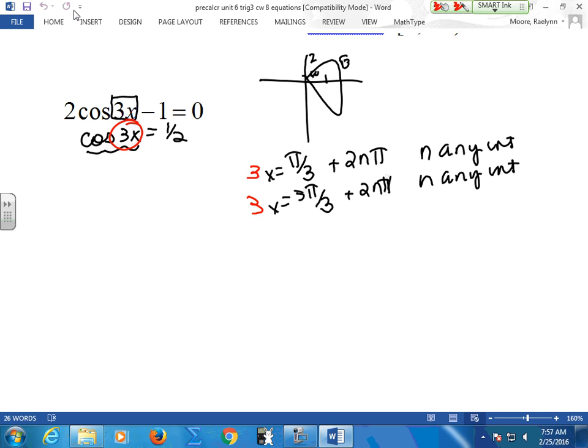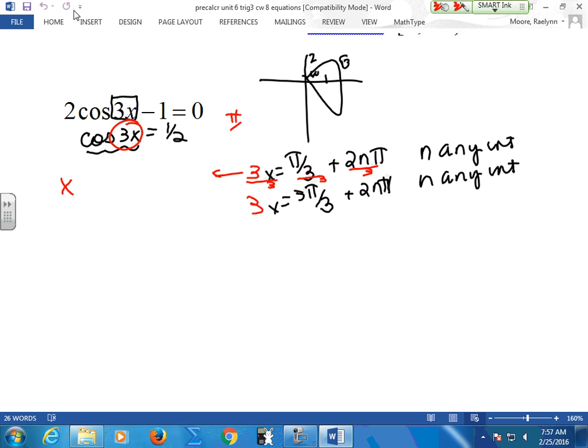So now I'm going to take my 3 and put it back here. Now I need to solve for x. I'm going to divide everybody by 3, all these parts here by 3. So this is going to come out to be x.